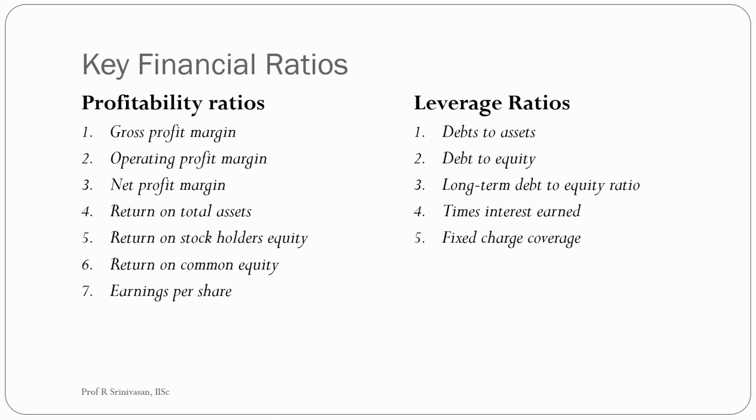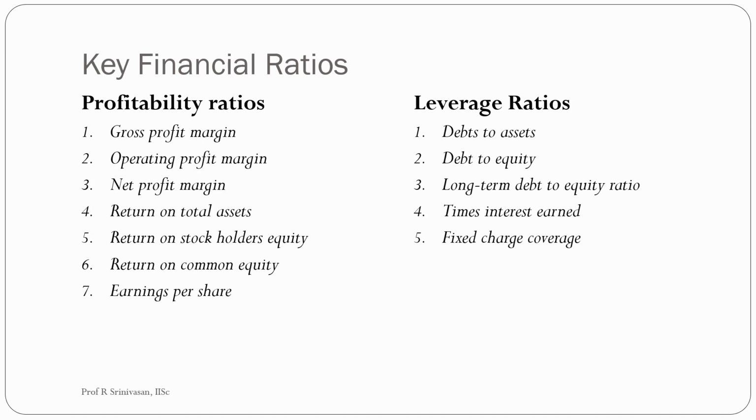So, you are getting, with respect to the sales revenue, what is the type of gross profit margin the organization is making? What is the type of operating profit margin the organization is making, and the net profit margin it is making with respect to the organization in that particular year.